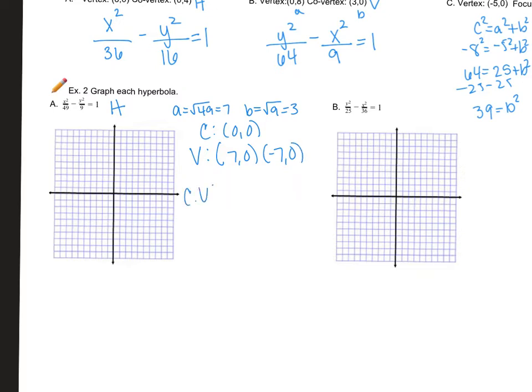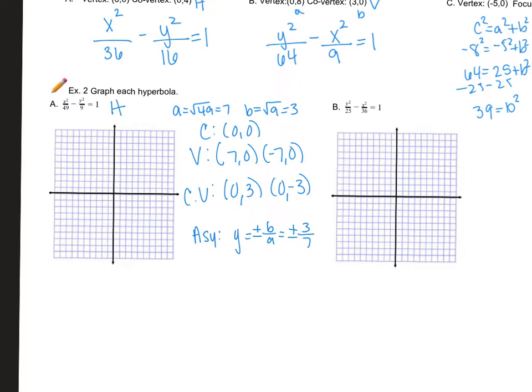My co-vertices are going to be (0, b) and (0, negative b). And because the center is at (0, 0), the asymptotes are going to be y equals plus or minus b over a, which is plus or minus 3 over 7. Now, the cool thing about asymptotes is once you graph it, I'm going to show you a neat trick.